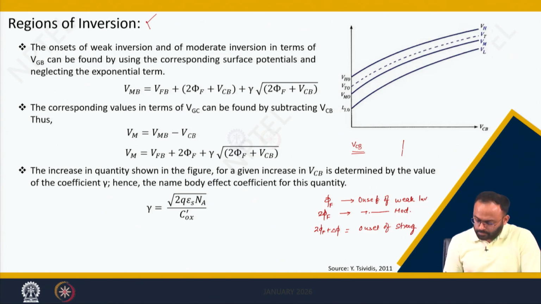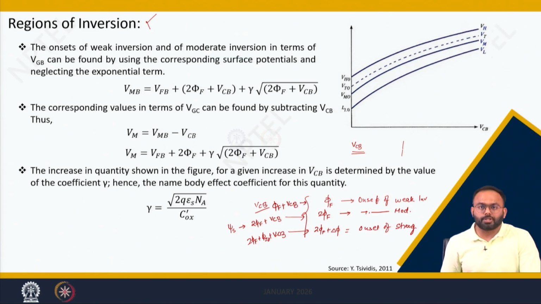But now when you introduce VCB in your structure, the onset values will get shifted in surface potential. So the surface potential requires 2 phi F plus VCB as the onset of moderate inversion, 2 phi F plus phi Z0 plus VCB as the onset of strong inversion, and phi F plus VCB as the onset of weak inversion.